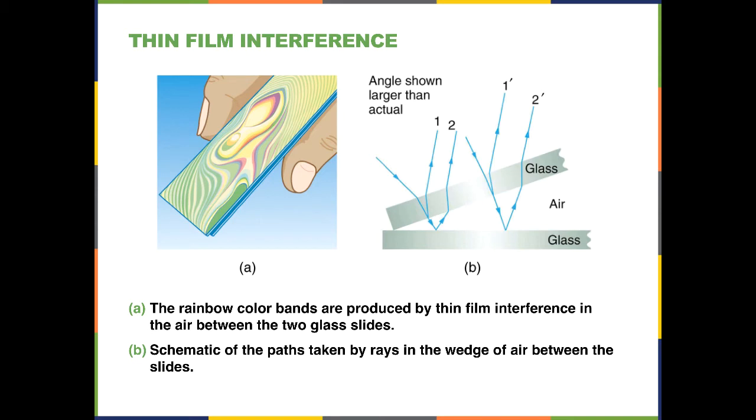Ray 1 passes into the glass, is refracted, goes to the second slide, is then reflected, and comes back out. Ray 2 goes all the way to the second glass, is then reflected and refracted. The second one on the right is a different ray doing the same thing, called 1' and 2'.